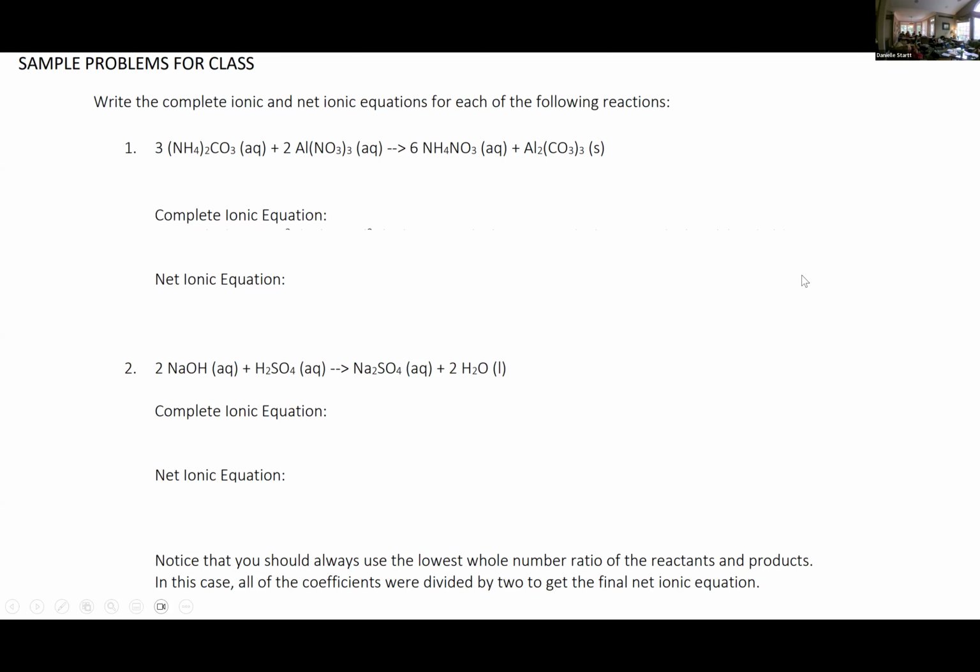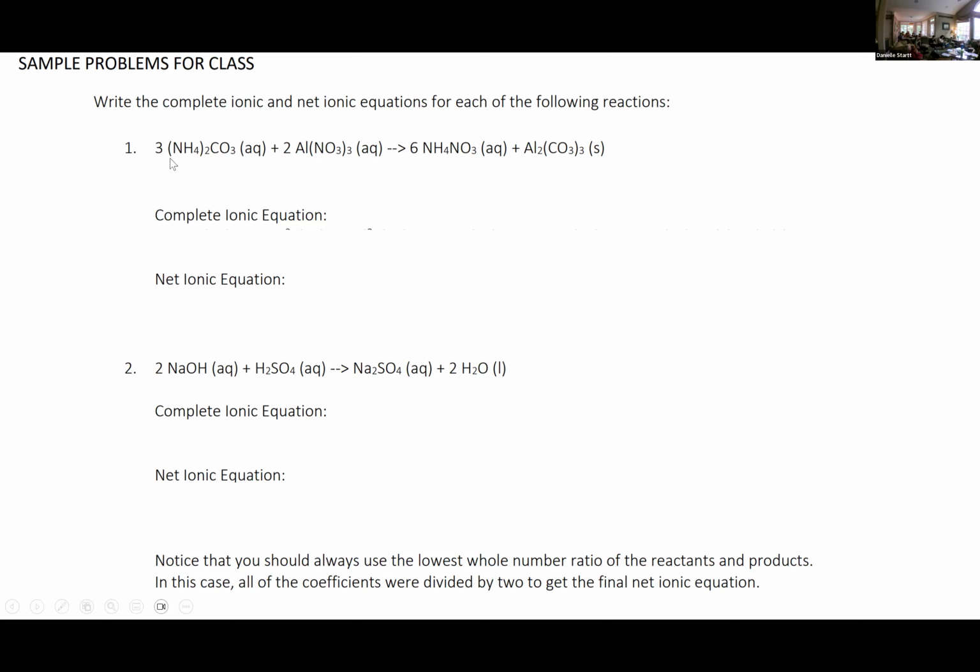All right, so here's a couple other samples. For this one here, if we write our complete net ionic equation, I'll give you a chance to see if you can get to it on your own.